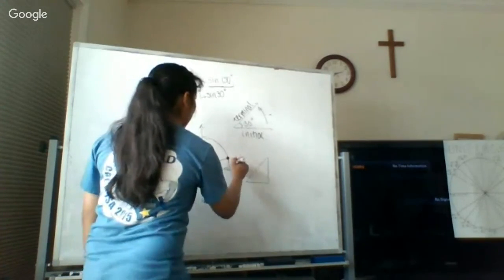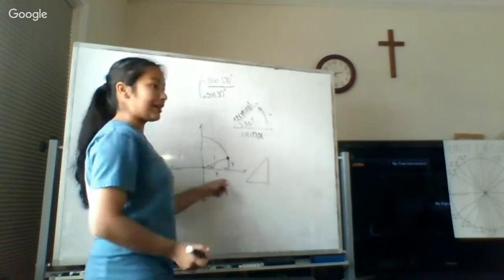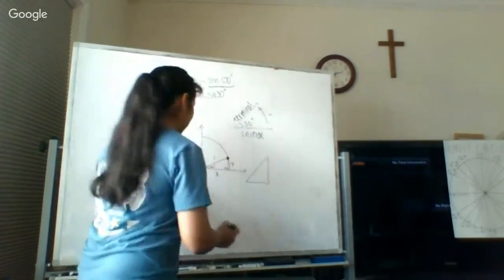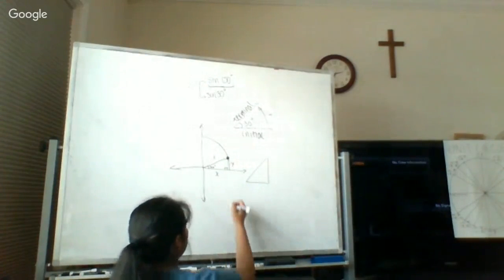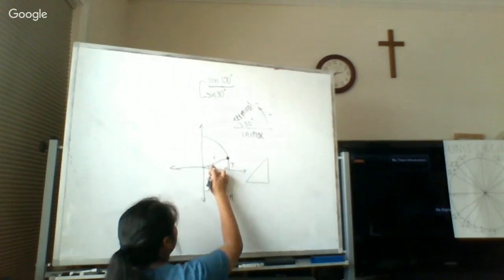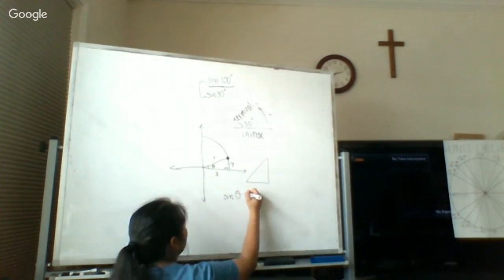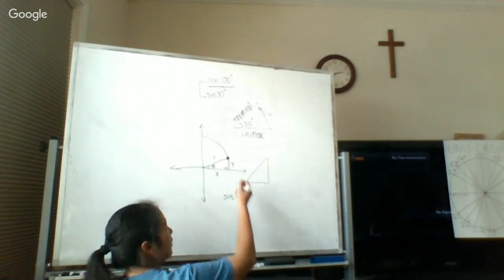So let's call these imaginary points x and y. These would be our x and y coordinates, yeah? So the way to remember this is, sine of this imaginary angle is opposite over hypotenuse, right?